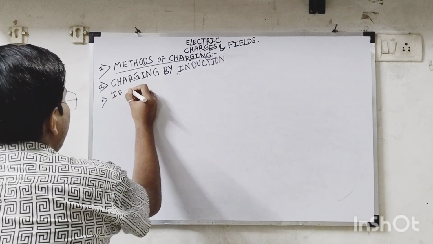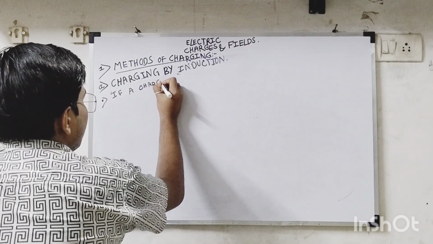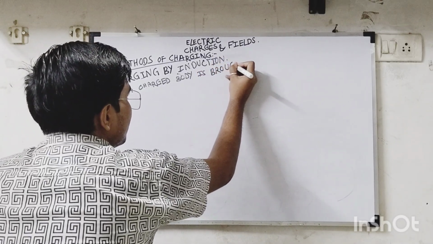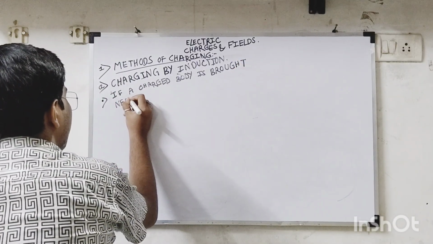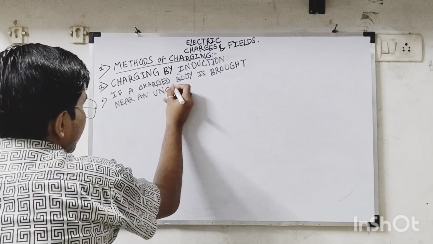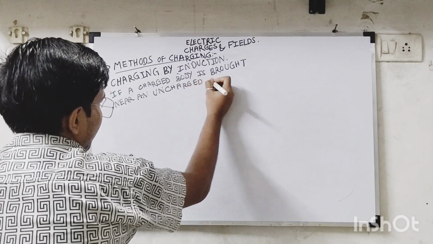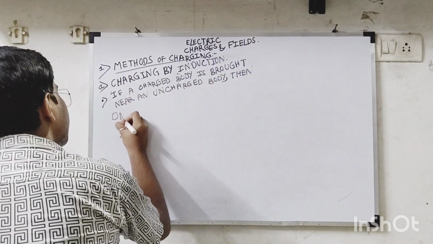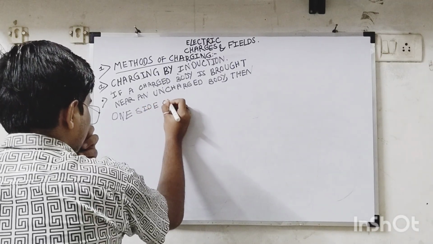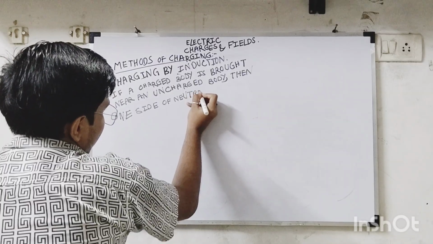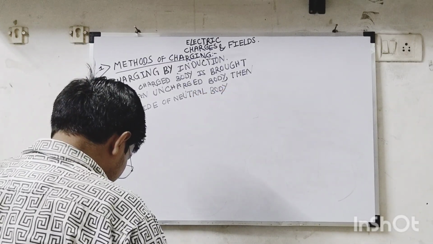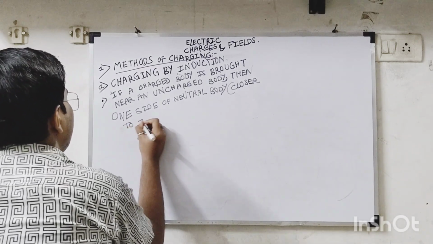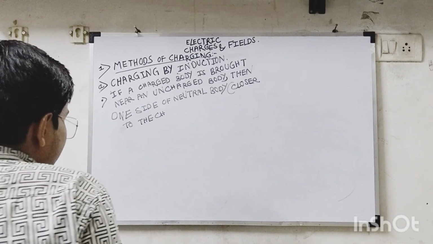The point is telling, if a charged body is brought near an uncharged body, then one side of the neutral body closer to the charged body becomes oppositely charged.